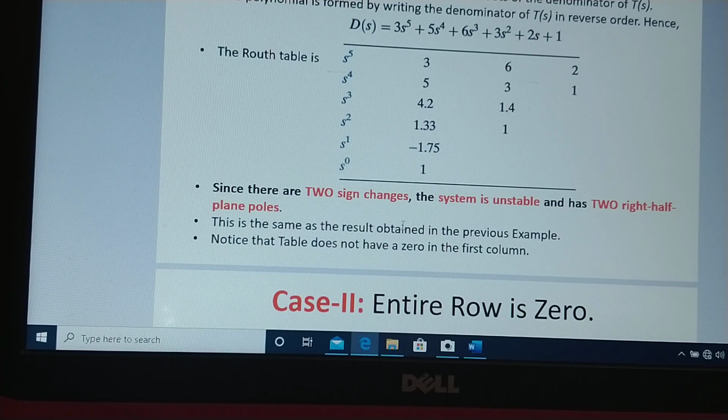Similarly, rest we can find. There are 2 times sign changes. One from plus 1.33 to minus 1.75, 1 time sign change. Second time minus 1.75 to plus 1 is second time sign change. Thus 2 times sign change, this makes the system as unstable.